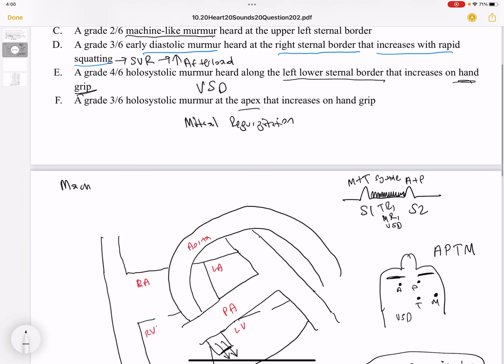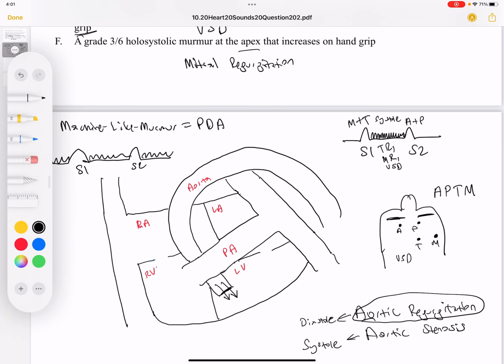So a machine-like murmur is continuous. It is going to look like this. This is S1, this is S2. A machine-like murmur is going to be continuous. And we're going to associate this with patent ductus arteriosus. And I'm going to explain the reason why.